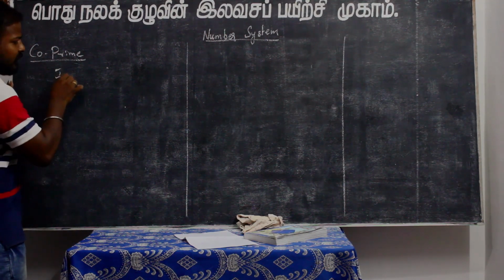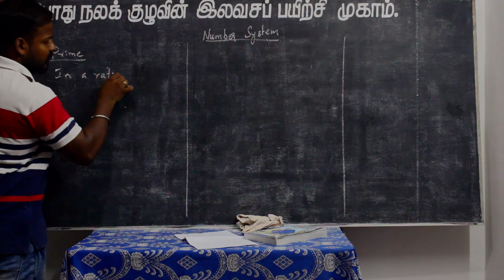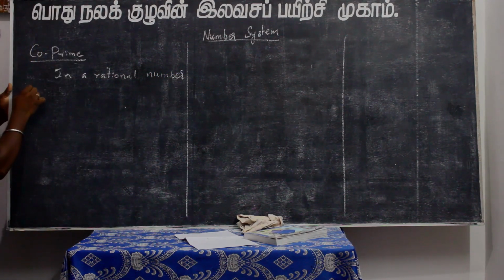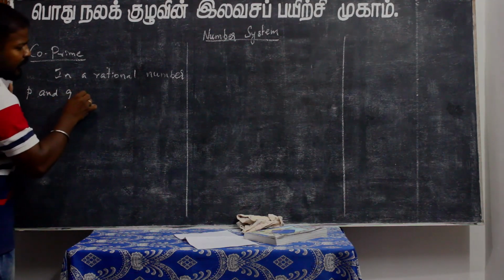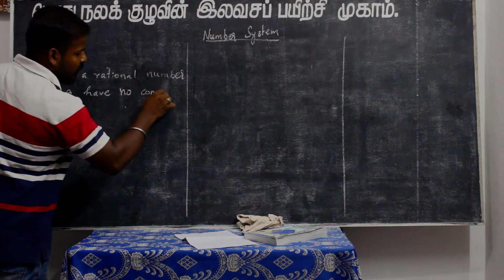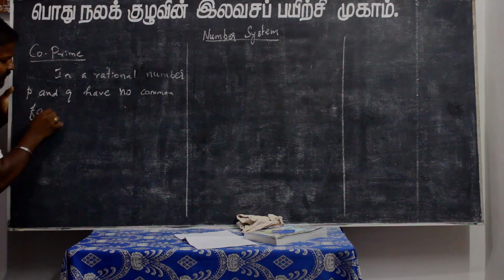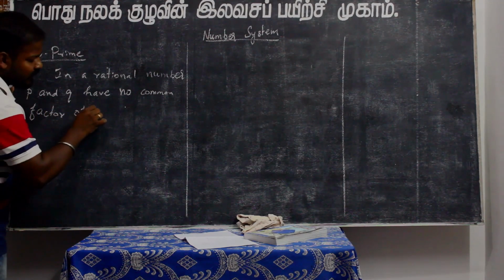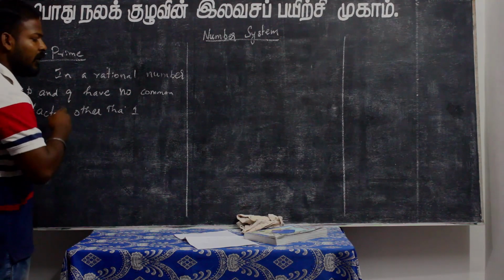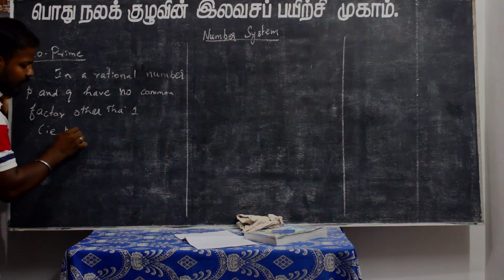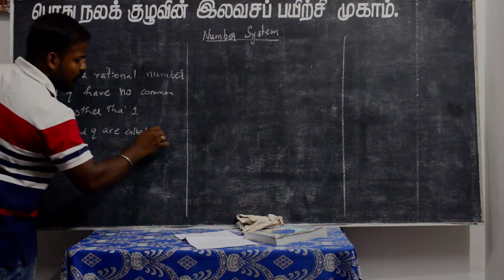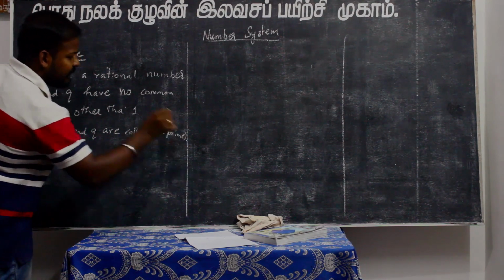In a rational number, if p and q have no common factor other than 1, then p and q are called co-prime numbers. So in simple examples we can see that.